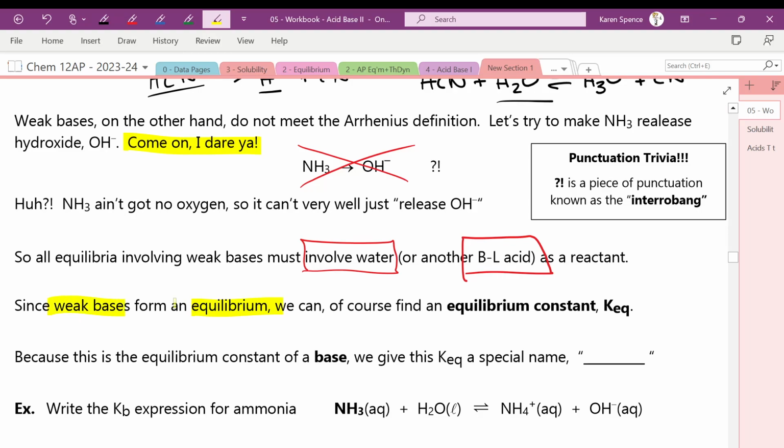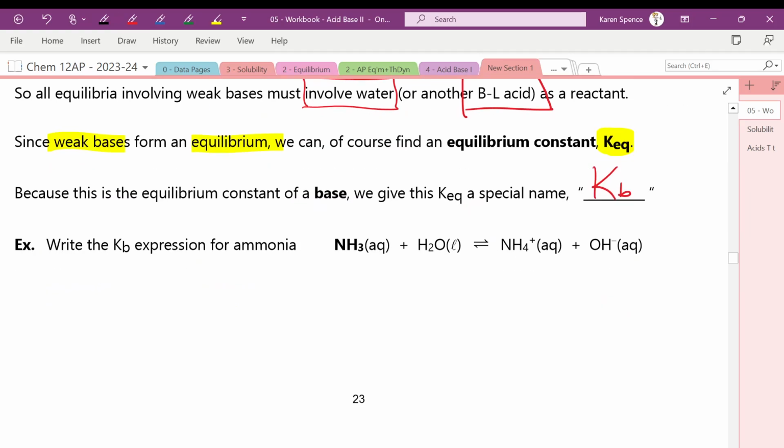What do you think a weak base equilibrium has? It has a K eq, which we call KB. Could you please write the KB expression for ammonia?